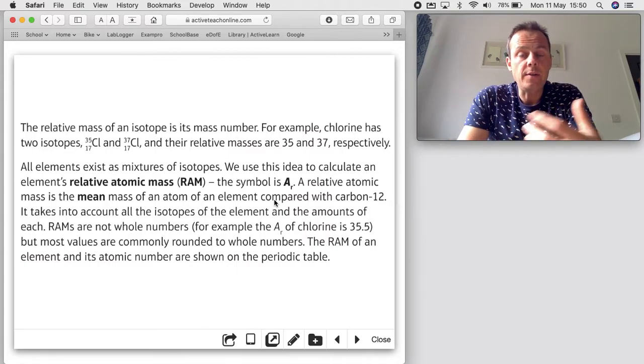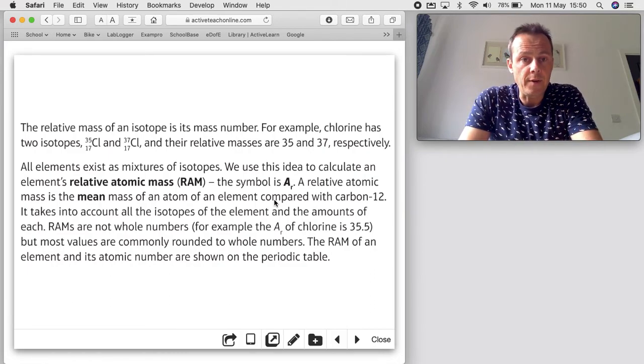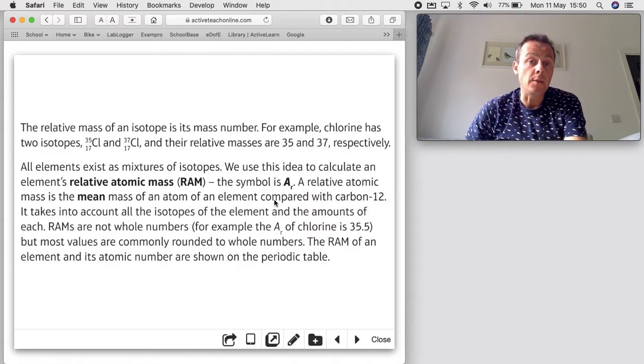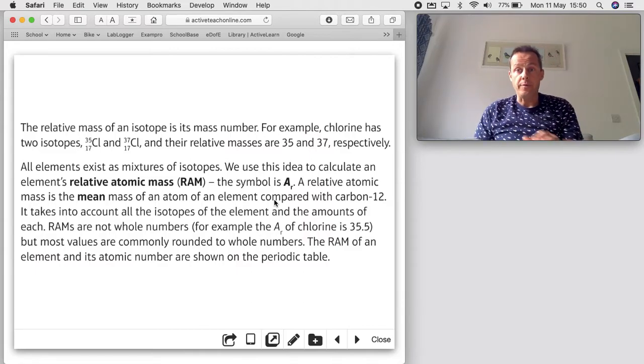But actually there are different amounts of different isotopes. So in the case of chlorine, there is a higher proportion of chlorine 35 than there is chlorine 37. And because the relative atomic mass of an element is a mean, an average, it can be between whole numbers. So in the case of chlorine, it's 35.5.